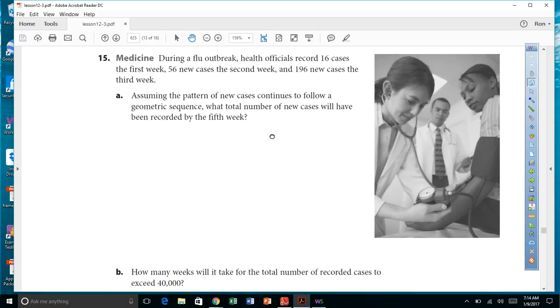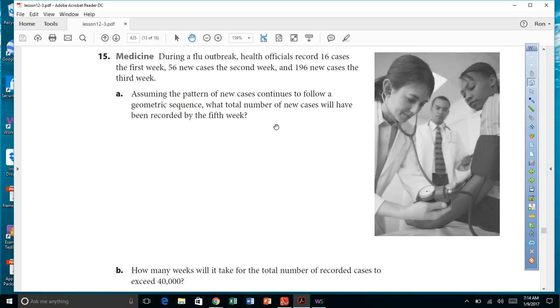15. During a flu outbreak, health officials record 16 cases the first week, 56 new cases the second week, and 196 new cases the third week. Assuming the pattern of new cases continues to follow a geometric sequence, what total number of new cases will have been recorded by the fifth week?